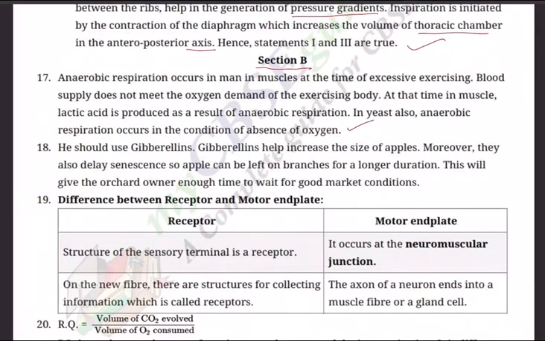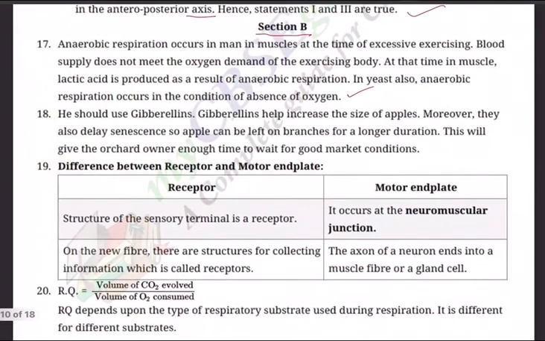Question 18. An owner of an apple orchard wants to get better yield and wants to wait for good market conditions to sell his apples. Which PGR should he use to achieve his goals? PGR is plant growth regulators. He should use gibberellins.